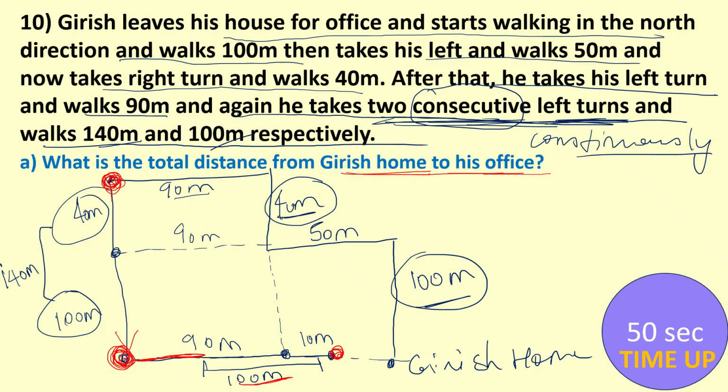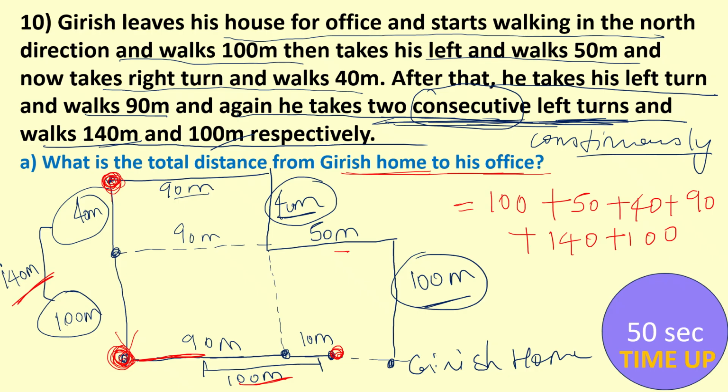This is 100, then this will be 50, then 40, then 90, then 140 and then 100. Correct? So how much will it be? If you add, total will be 520 meter. So 520 meter will be your answer.